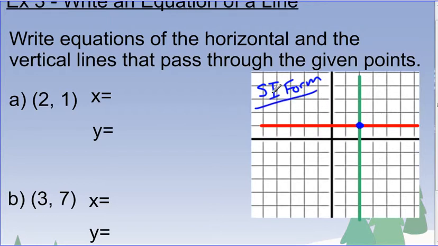So to do slope intercept form, we need 2 things. We need the slope, and we need the y-intercept. What is the slope of a perfectly flat line? 0. Slope is 0. What is the y-intercept of this line? Where does it cross the y-axis? At 1.